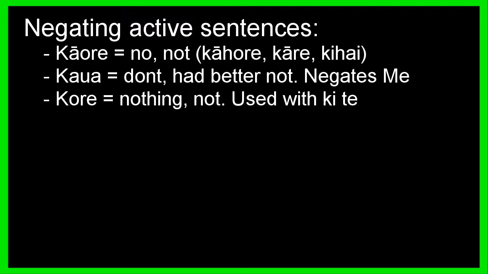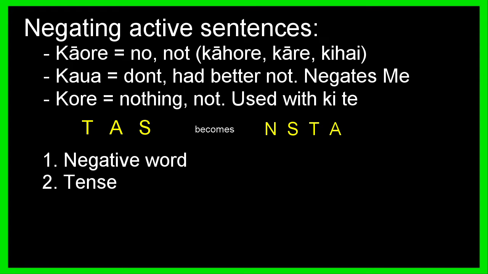We previously learned that active sentences follow the TAS sentence structure and that negative sentences follow the NESTA sentence structure. When negating an active sentence, there are two things to consider. Number one, what negative word to use, and number two, what the tense is for the sentence.